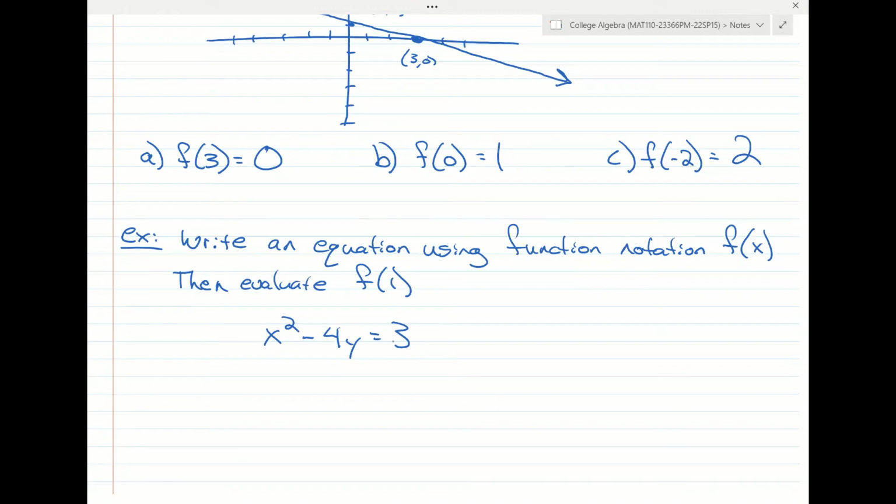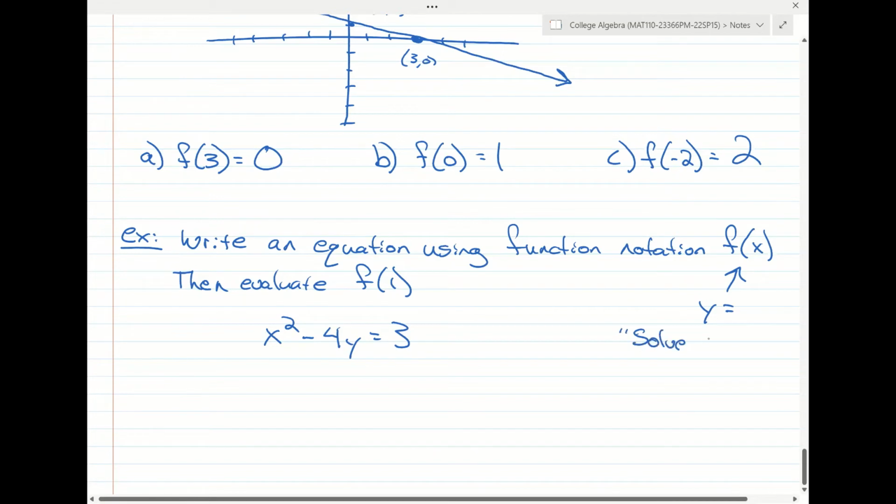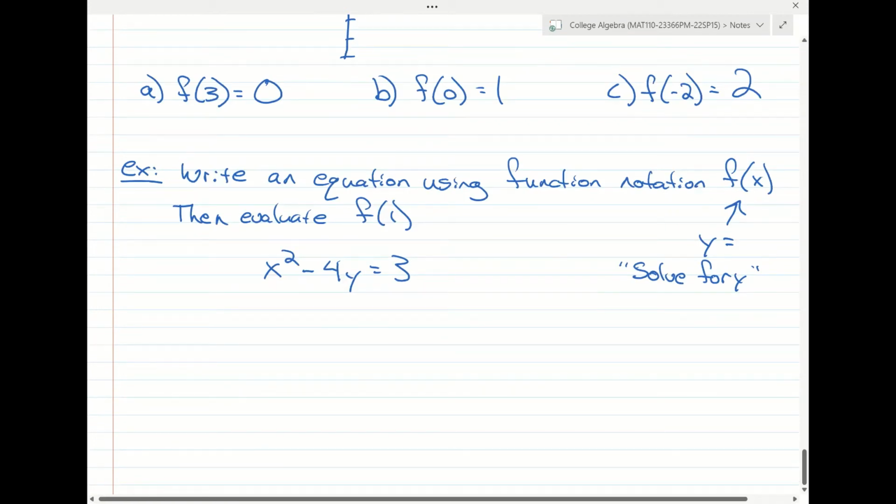So this whole thing about getting it in function notation just means we want to have it y equals a number. So we want to try to solve for y. If we want to get y by itself, what we could do first is start from the outside and work our way in. So first thing we could do is subtract x squared on both sides. And then divide by 4, or negative 4.